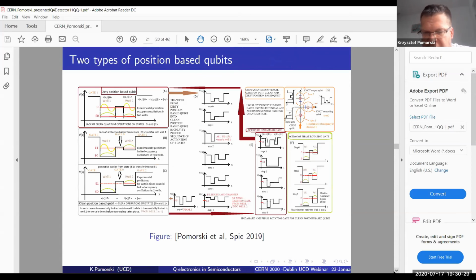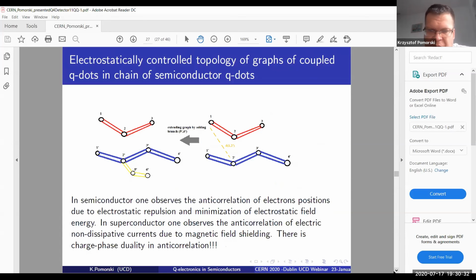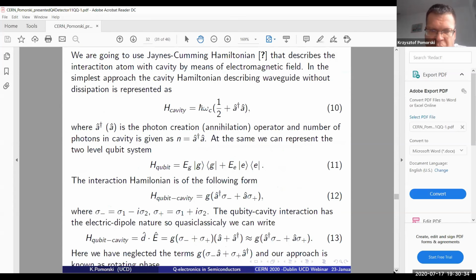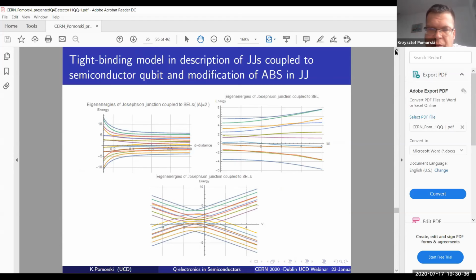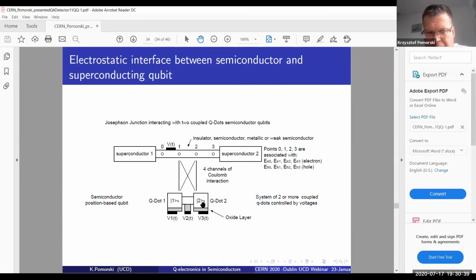So in principle, you can try to measure both position and momentum of the electron here. You measure the momentum by the state of the Josephson junction, and the position is predetermined in a certain range of values connected with this quantum dot.